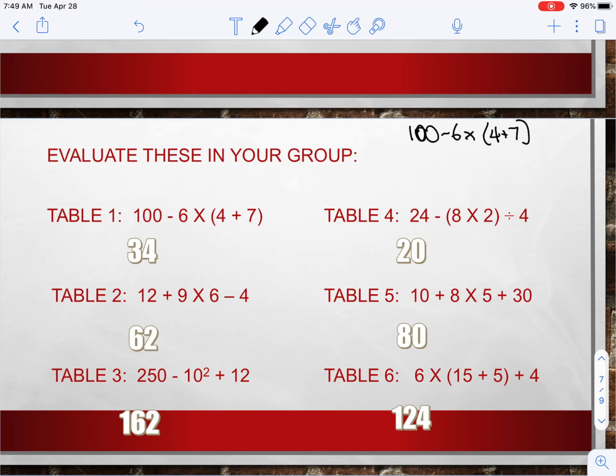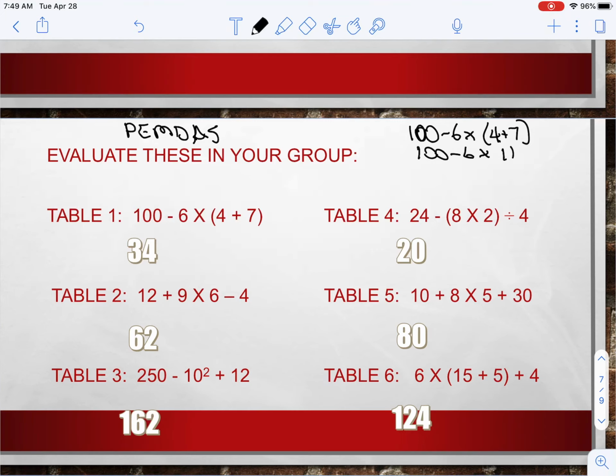Okay. We got to do the parentheses first. PEMDAS. Okay. Parentheses first. So I'm just going to rewrite 100 minus 6 times 4 plus 7 is 11.